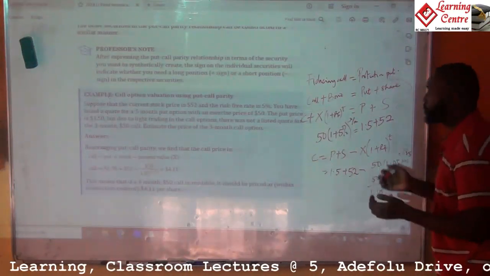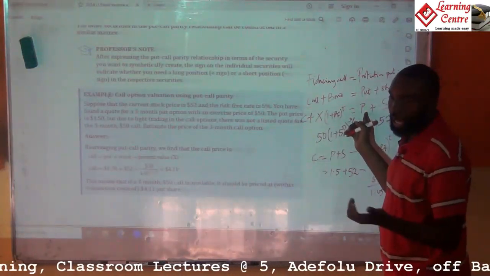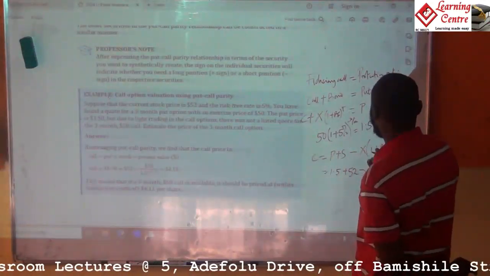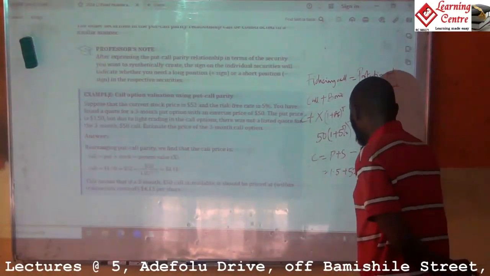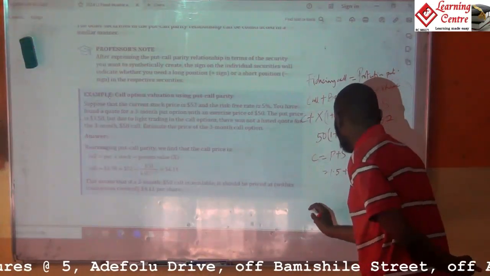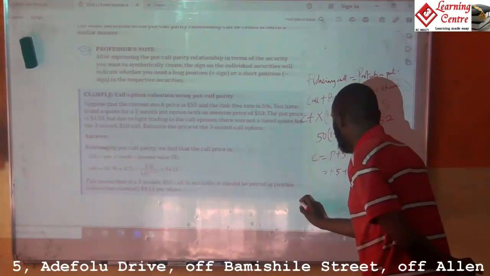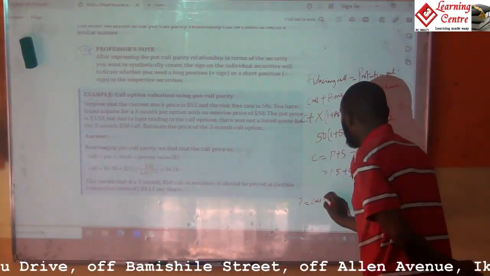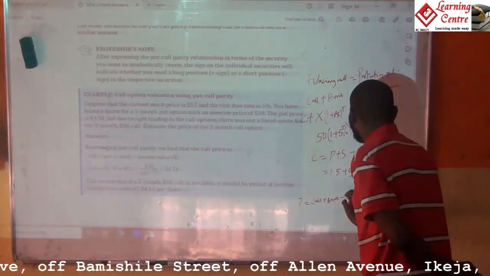So this one is what we have calculated here, given the options. It's possible that the question could have come as: calculate P. So let's assume we didn't have the 1.5. This formula would have been P is equal to call plus bond minus share.